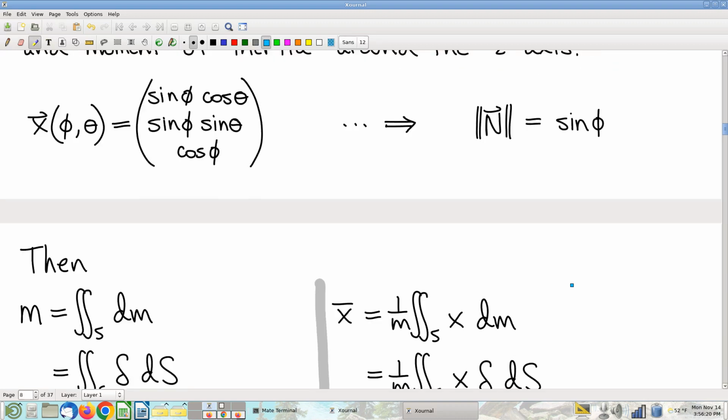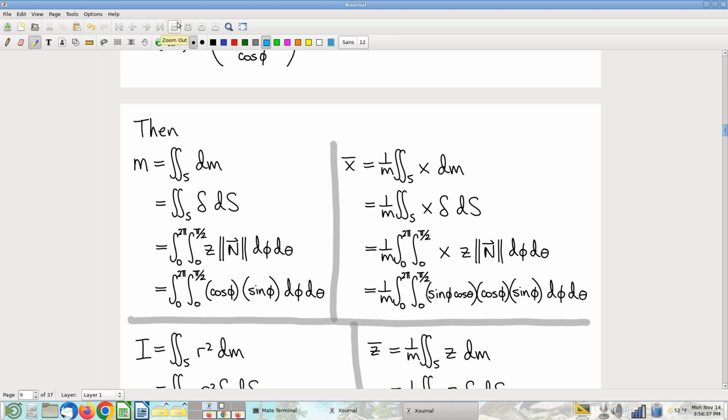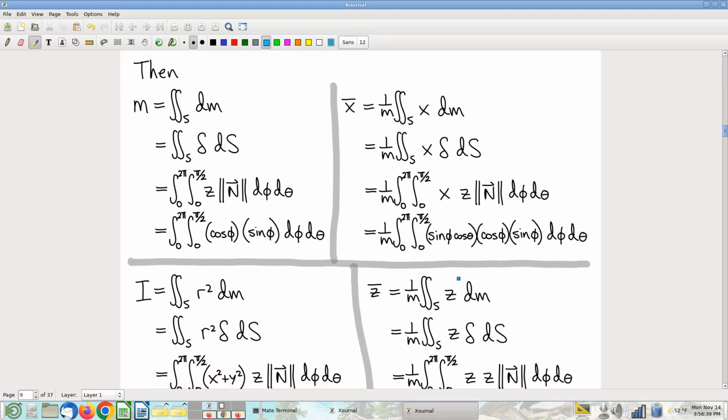So here it is. Mass accumulates. Mass is a sum of little pieces of mass. Here's the formula for the x-coordinate of the centroid. Likewise, here's the z-coordinate of the centroid. There'd also be a calculation for the y-coordinate, but anyway, this is enough. And then don't forget moment of inertia.